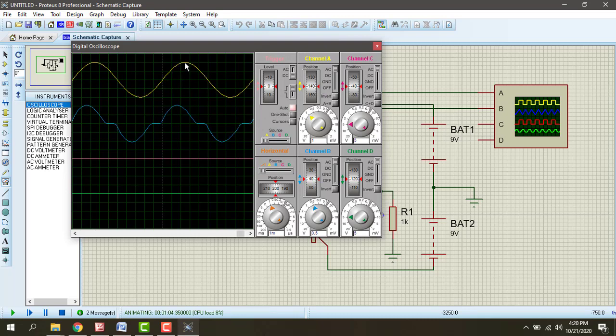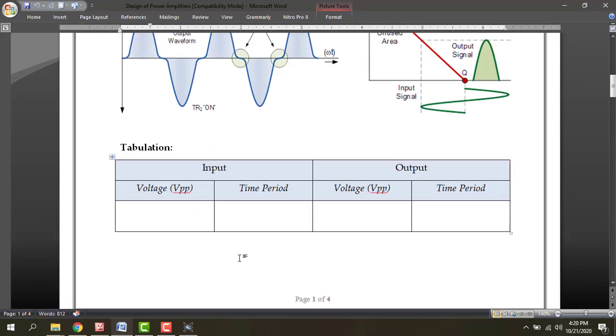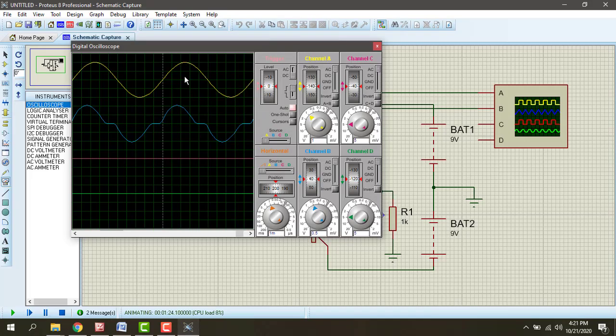We have 2 boxes positive and 2 boxes negative, 2 plus 2, totally 4 boxes, and for channel A the pointer shows 1 volt. So 1 into 4, our voltage is 4 volts. In the tabular column, the input voltage is 4 volt. So positive 2 volt and negative 2 volts. Totally peak to peak voltage is 4 boxes and the division is 1, 4 into 1, so 4 volts.